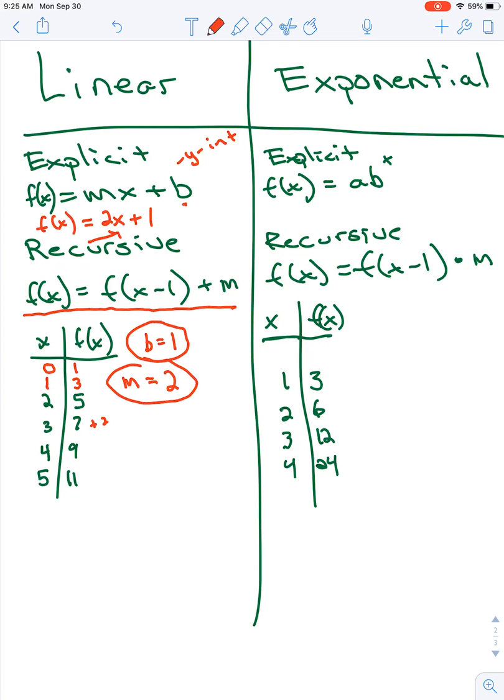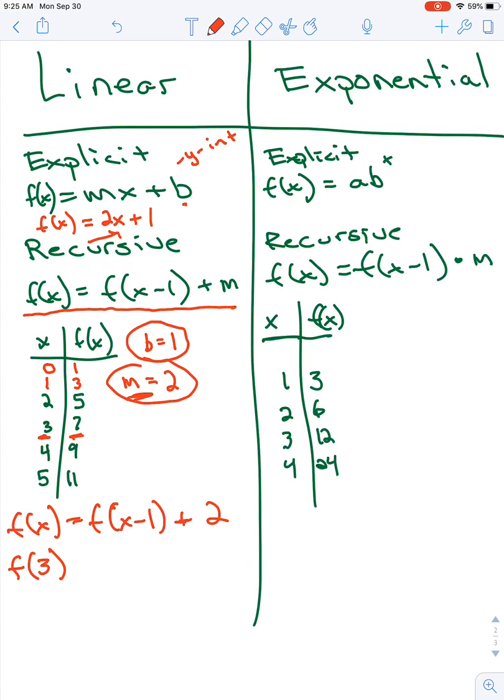Recursive looks big and scary, but it's actually not. F of x is equal to f of x minus 1 plus 2, okay? Because m is the rate of change. So what that means is, if you want to get f of 3, okay? Now in this case, we know that f of 3 is 7.